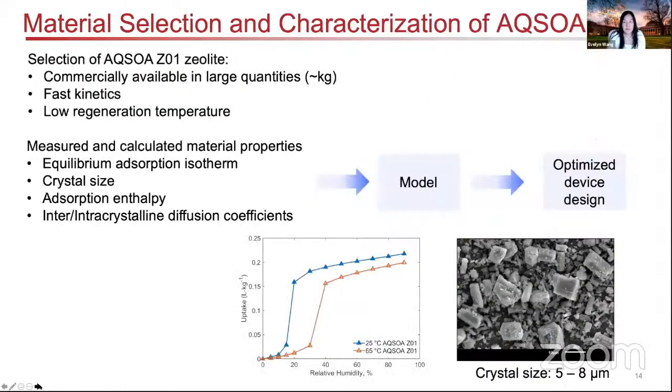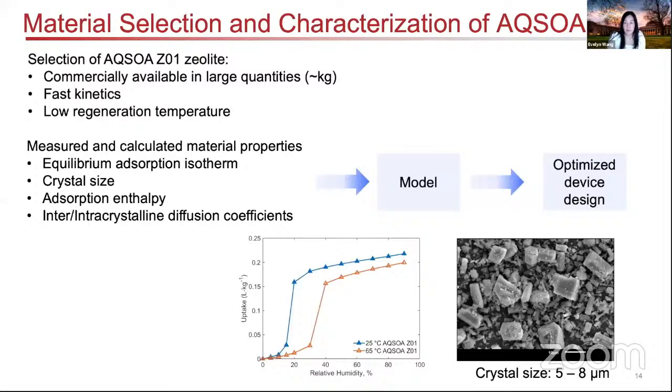The material that we're using, as I mentioned, is a zeolite known as Aquazoa ZO1. It's commercially available in large quantities. In addition to that, it has an isotherm, as shown here. And you can see here that it's really good also at reasonably low humidity conditions. We have low regeneration temperatures.